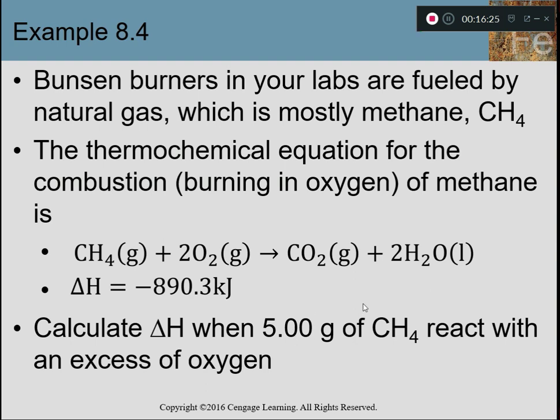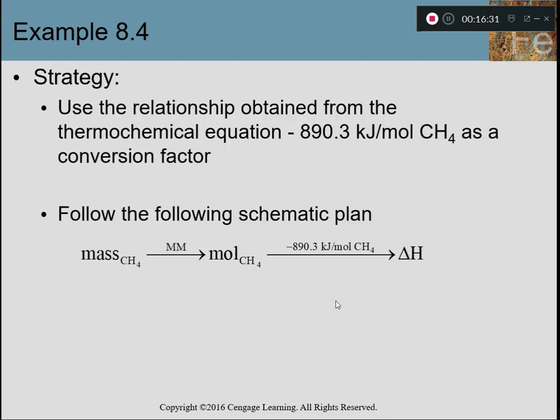Well, this turns into being just simply stoichiometry using thermochemical rule number 1, where we're going to go from mass to mole like we did in chapter 3, and then we're going to go from mole to change in enthalpy overall using that ratio of 890 kilojoules per mole of methane.